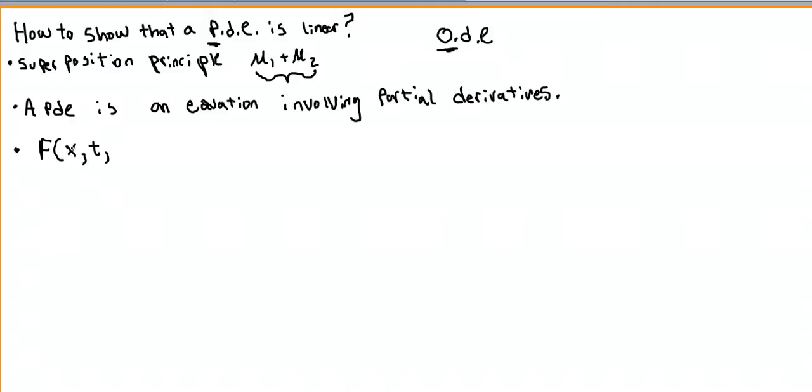In this case, we can say a partial differential equation is a function of the form F of x, t, u of x, t, u partial x of x, t, and u partial y of x, t, and we can say this is all equal to 0.